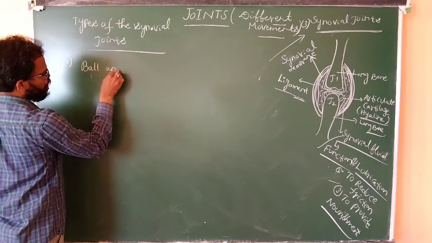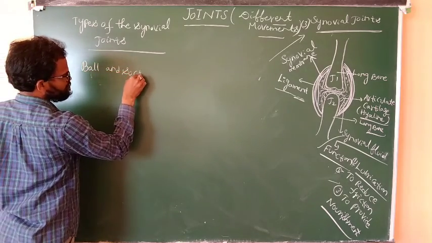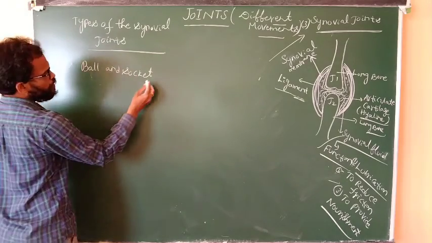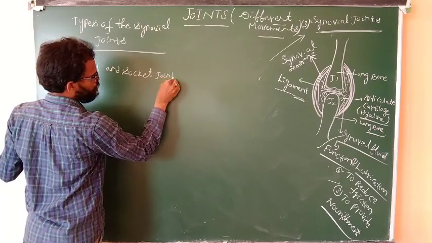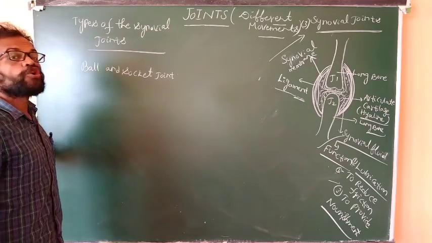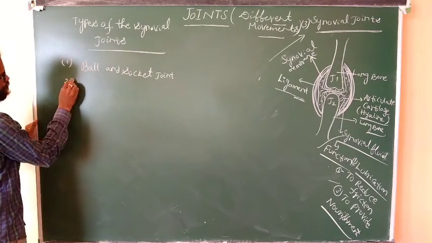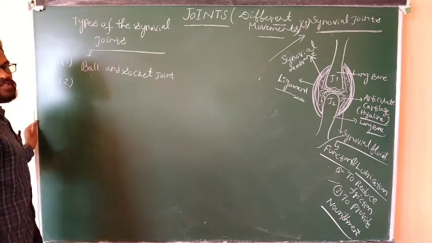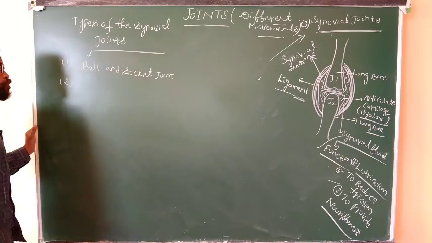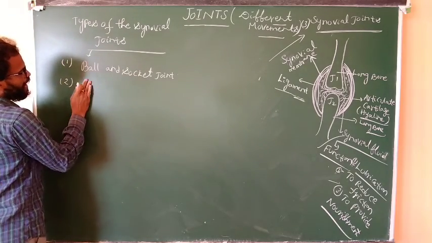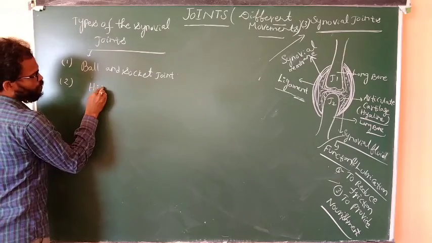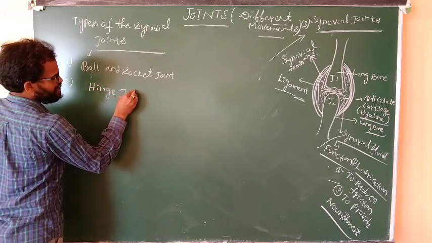Ball and socket joint. What is the first type? Ball and socket joint. The second type of the synovial joints is the hinge joint. What is the joint? Hinge joint.